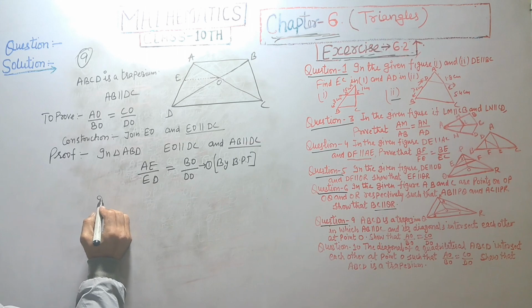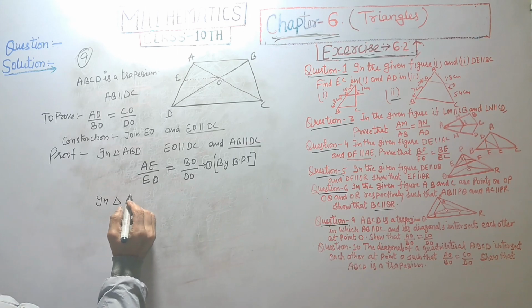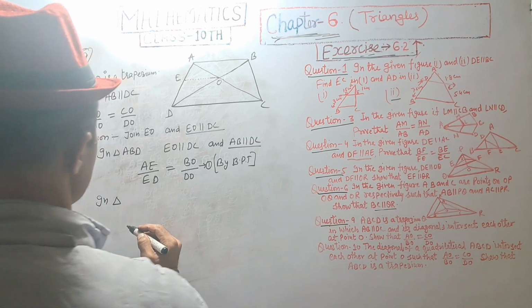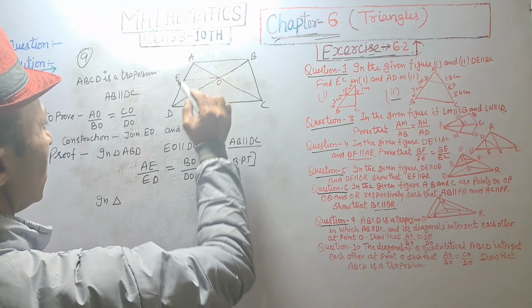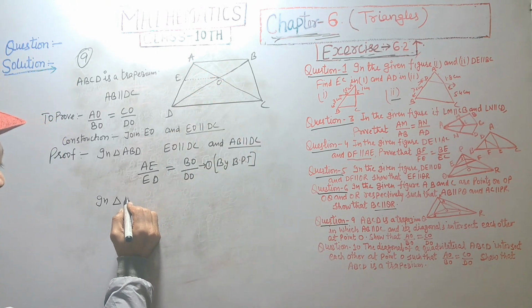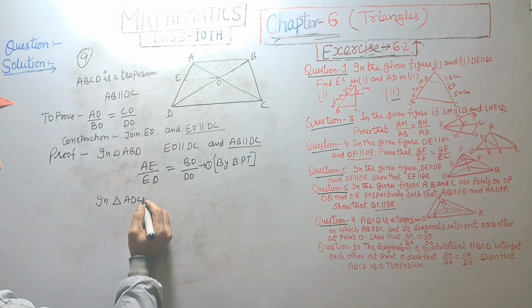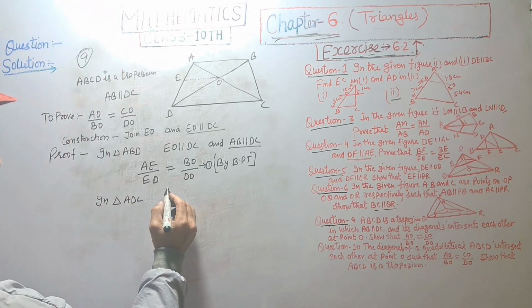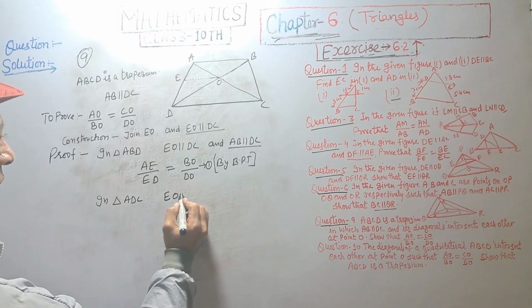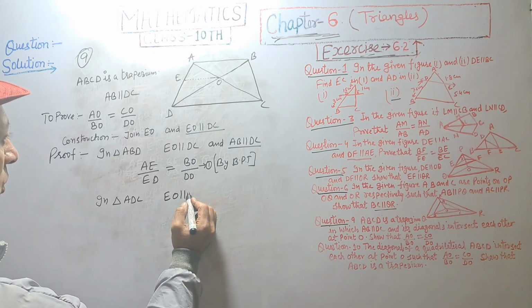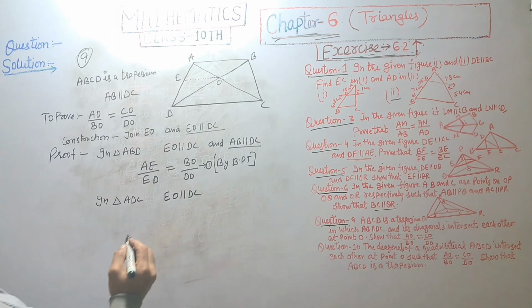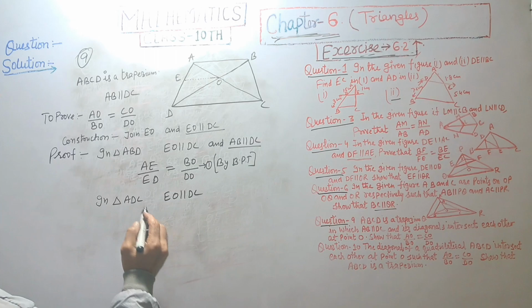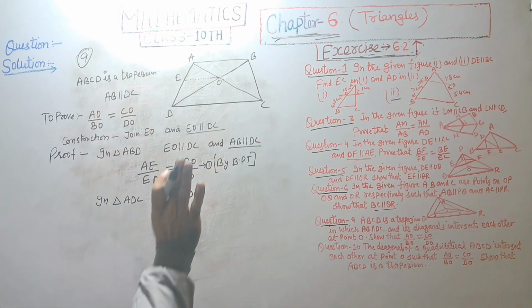And in another triangle ADC, EO is parallel to DC and AB is parallel to DC.